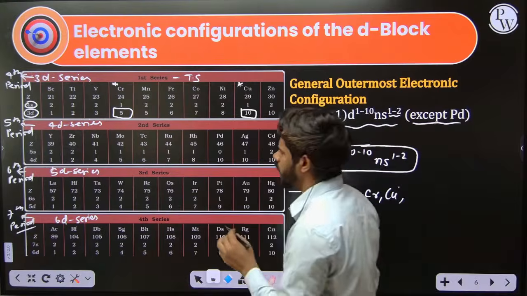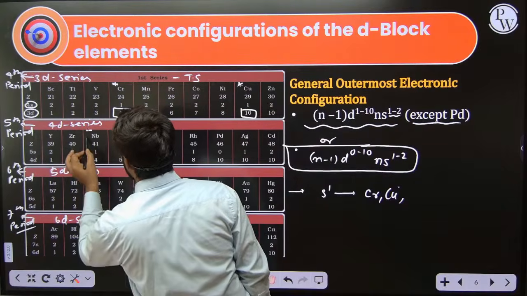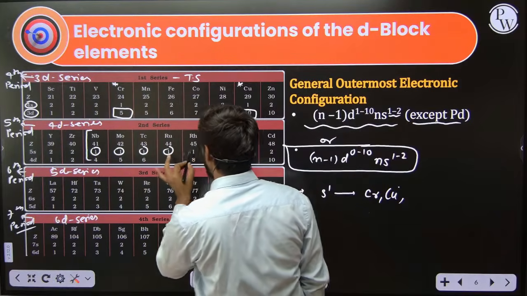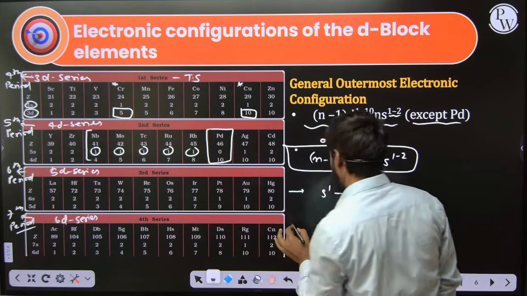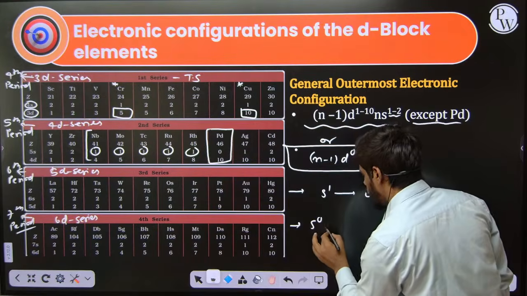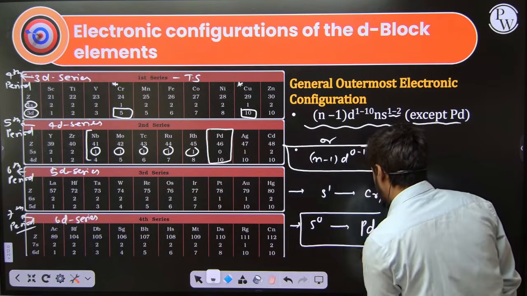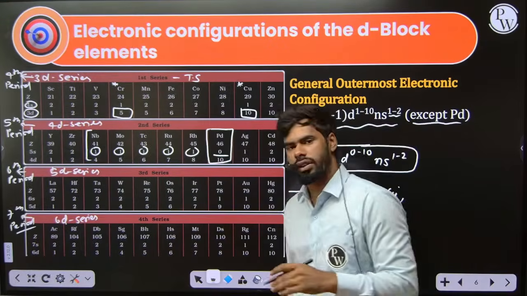Other elements are there in the case of the 4d series. From niobium, the s count is 1 in all the elements. Palladium is different, where s is 0. Only one element has s as 0 and d as 10.